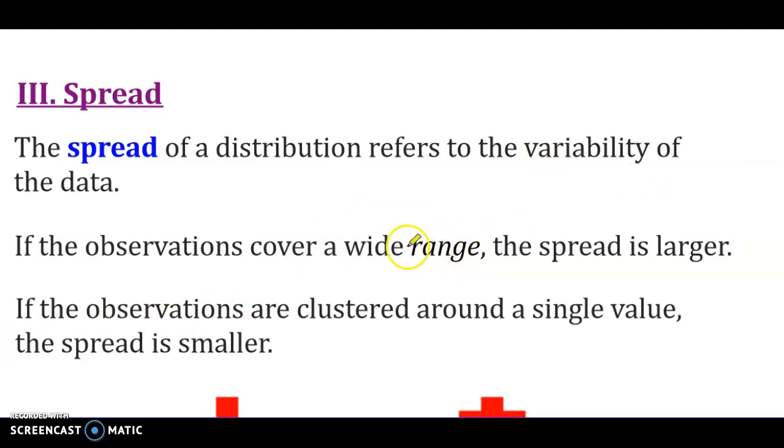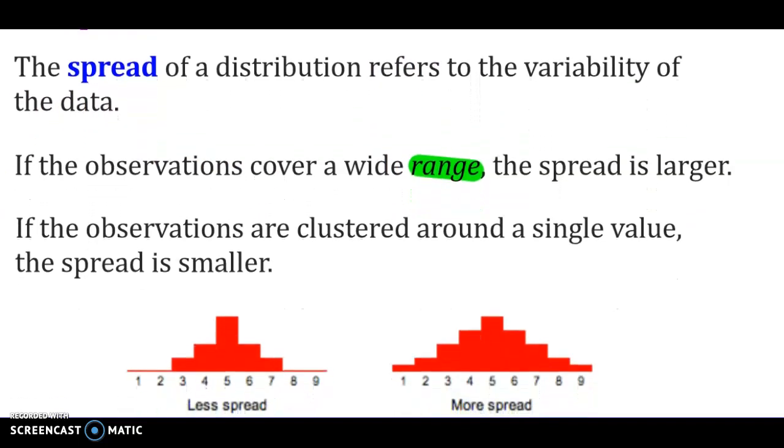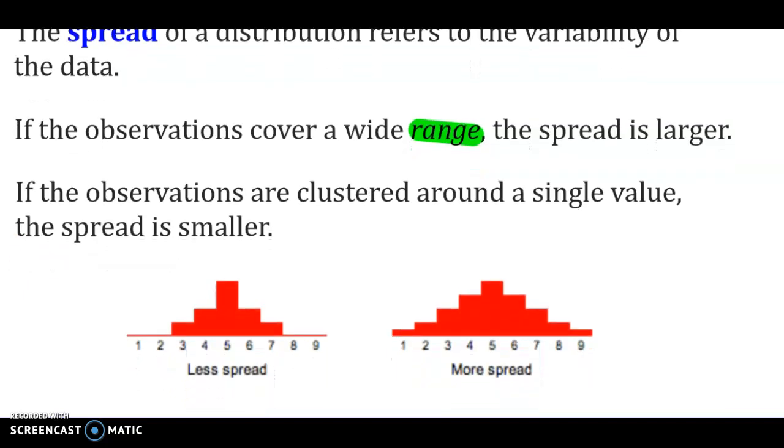If the observations are covering a wide range, we remember range from the last display, the spread is going to be larger. So we're going to take a look at an example right here. This is one that has less spread, 2.5 to 7.5. That's only 5 units between the top and bottom. Whereas here, you've got more spread, running from 9 down to 1. That's 8 units, considerably more spread there.